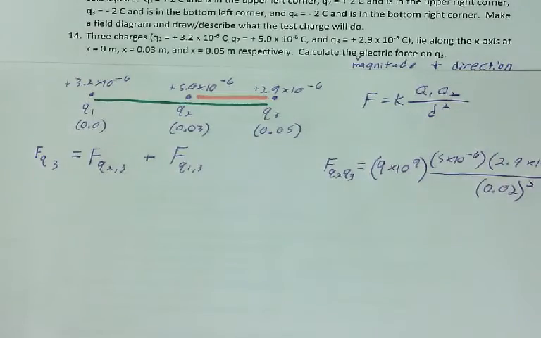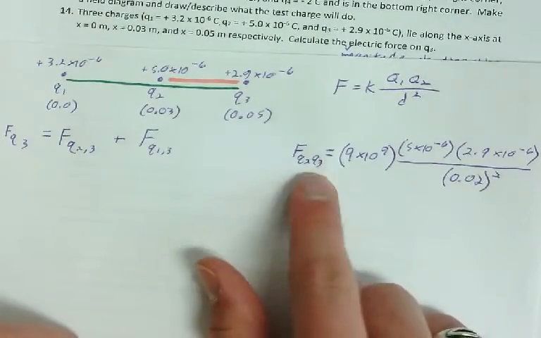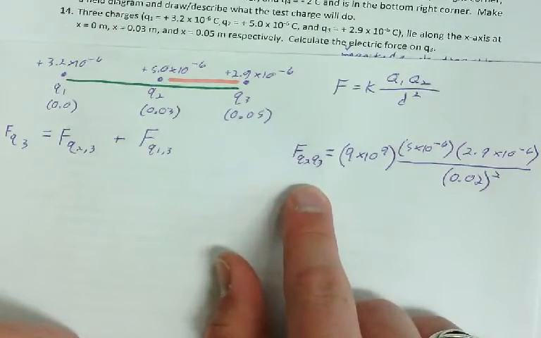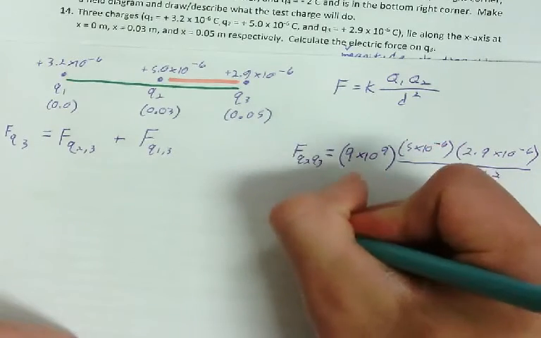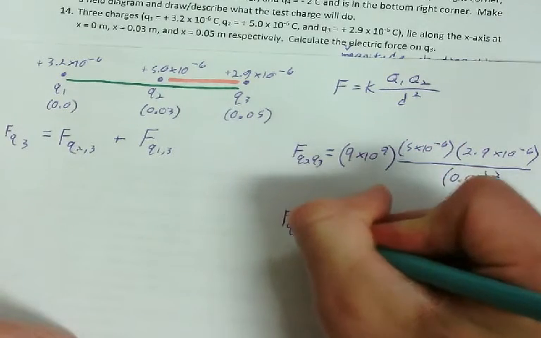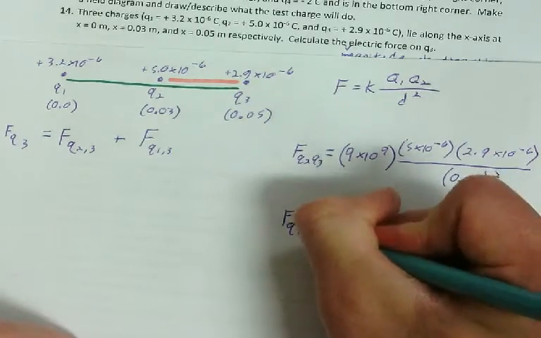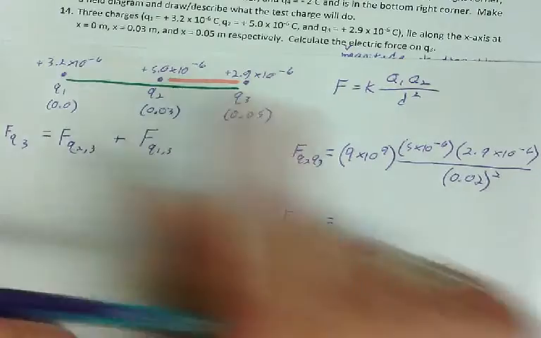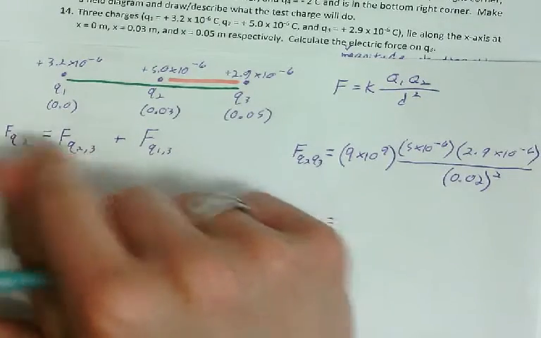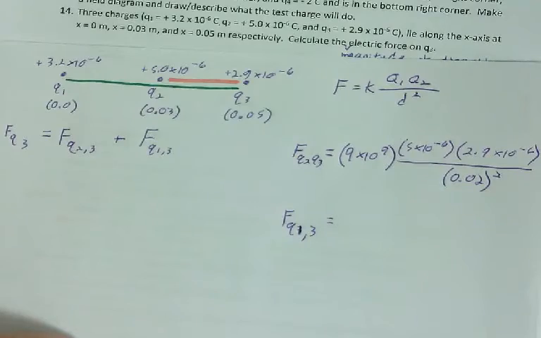Okay, here's what I want y'all to do. I want y'all to solve this. Solve for F23 and see what you get. Then you'll also need to set up the force between 3 and 1 and get an answer. Once you have those two numbers, you can plug them in here and solve for the force on Q3. I want you to try it on your own first.